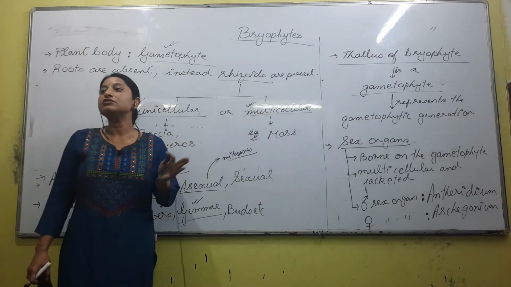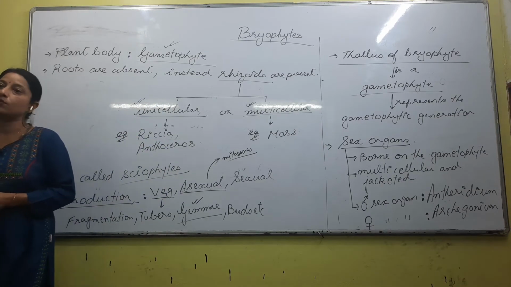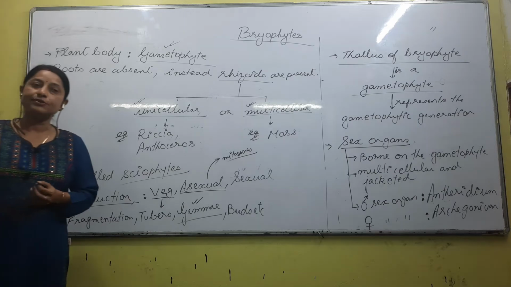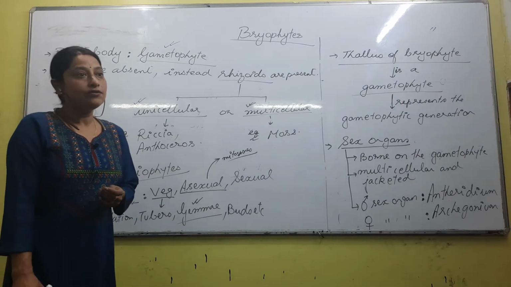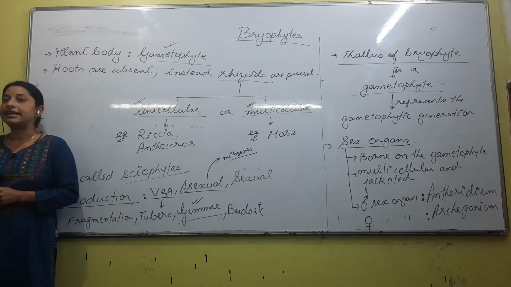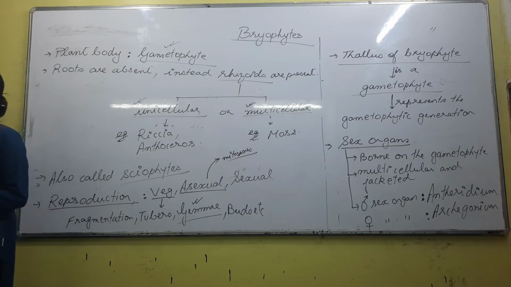Now from protists onwards, all the groups will show what? Sexual reproduction. After protists, what have we discussed? Fungi, right? Sexual reproduction present. After fungi, algae: sexual reproduction present. So in bryophytes also, obviously sexual reproduction would be present. If you are talking about sexual reproduction, male and female sex organs need to be formed, and gametes must be formed inside the sex organs.